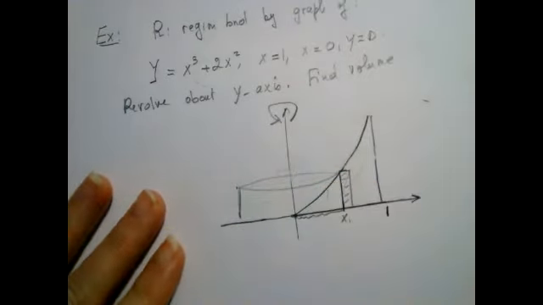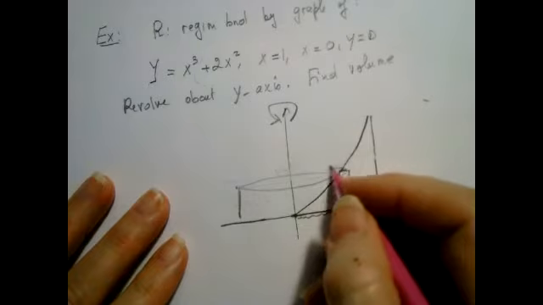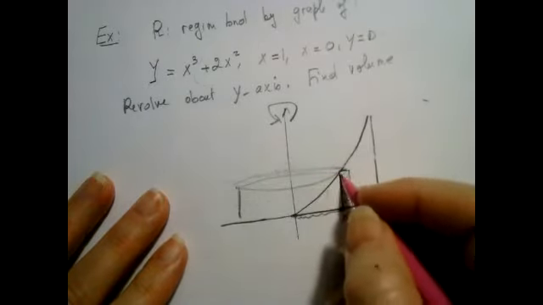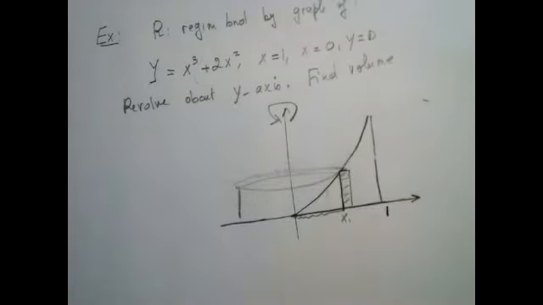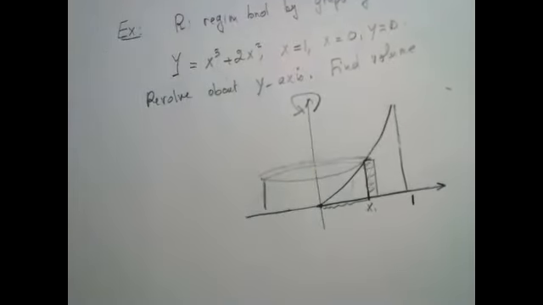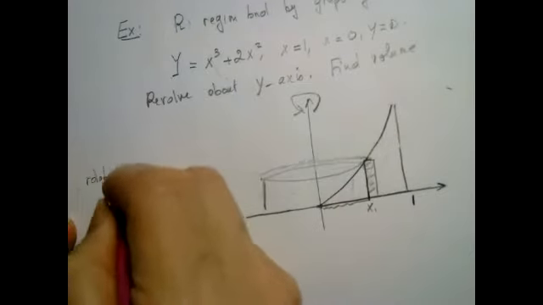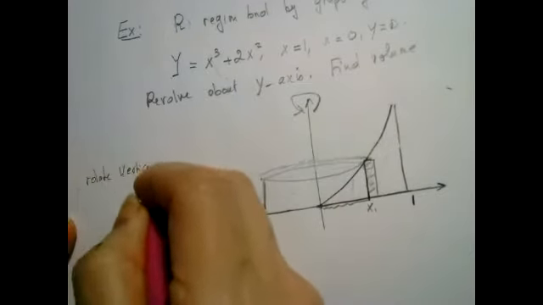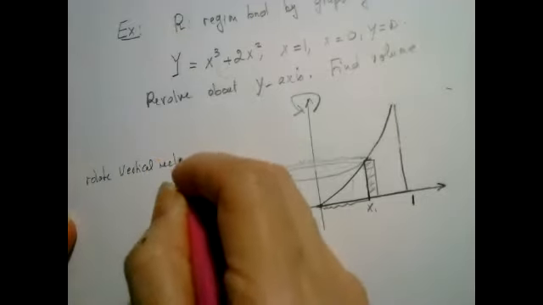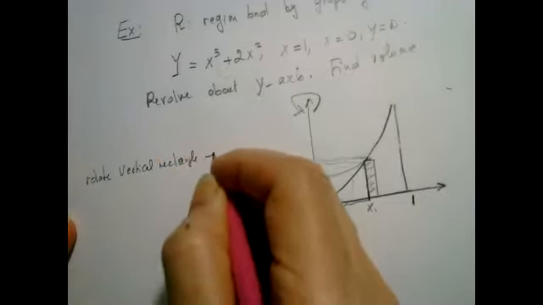And then, of course, there is a certain thickness attached to it, because it's the whole thin rectangle I'm rotating. And now, believe me, the problem is done. So rotating a vertical rectangle gives me a shell.